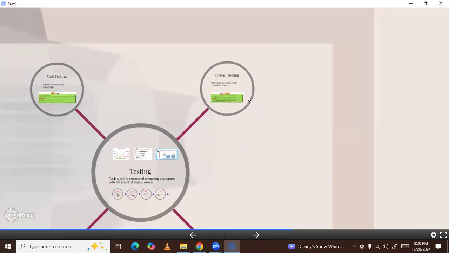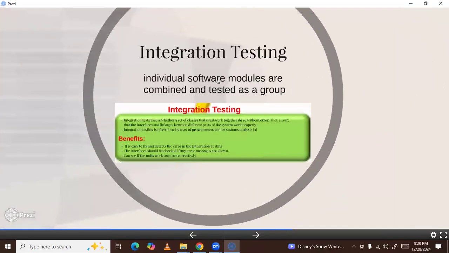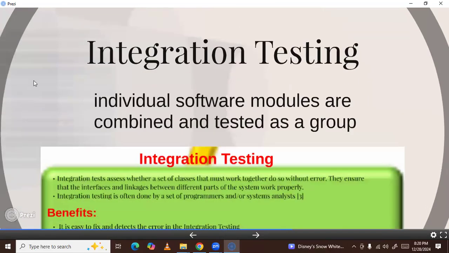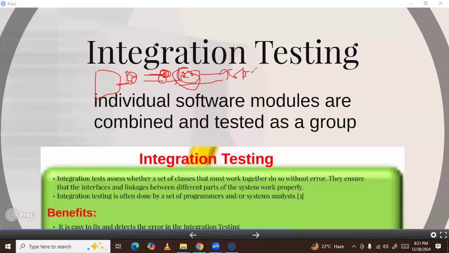Two other types of testing are there. One is integration testing. One system's output is another system's input. For example, you give a PO. Based on the PO content, the supplier delivers the goods. This is the output. In the store, you receive it, which is the input. He gives 100 quantity, but suppose out of 100 we receive 98 pieces. Then the actual payment will be based on this.